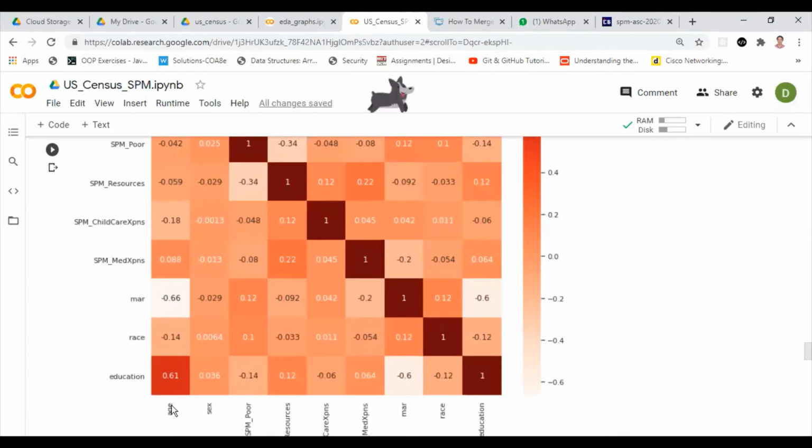Here it can be seen that there is a strong correlation between age and education. There is a strong positive correlation, which is quite intuitive, which means that as age increases, education levels also go up.